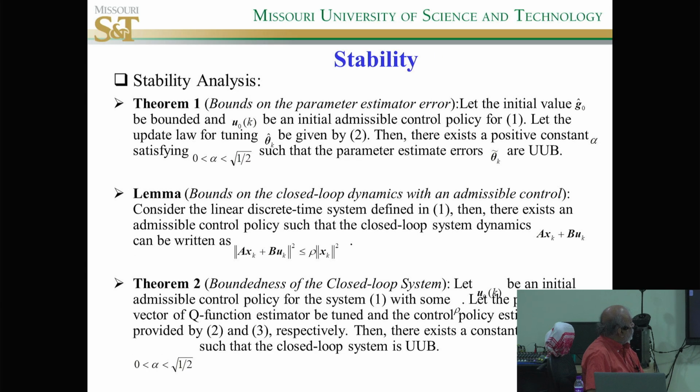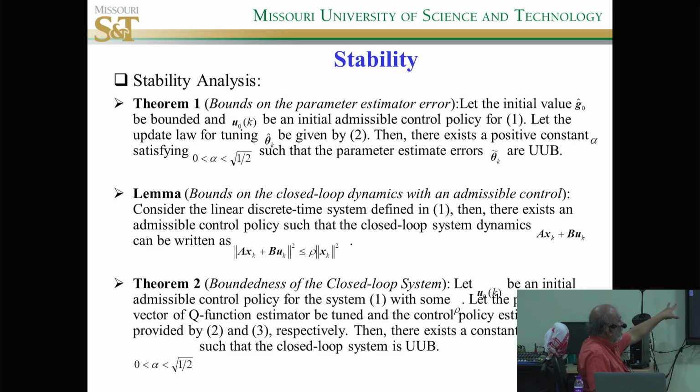Okay. So here are some mathematical results. You see that theorem 1 shows the bounds on the parameter estimation error. You see that the initial value is bounded. U0 is an initial admissible control policy. Remember I said what is an initial admissible control policy? And then you see that the update law for tuning theta hat is given by that equation. Then you say that there exists a positive constant learning rate, alpha.